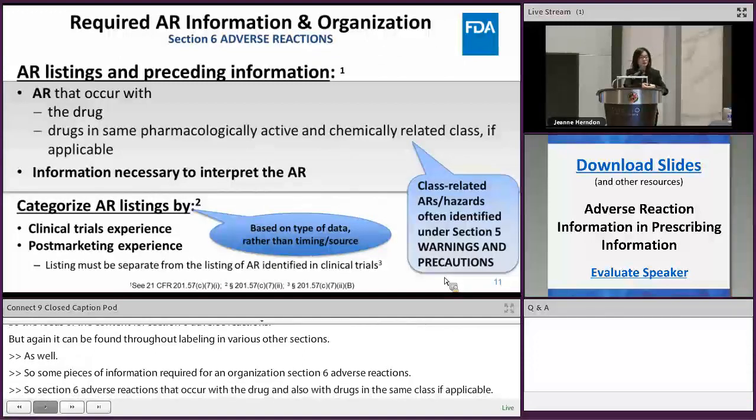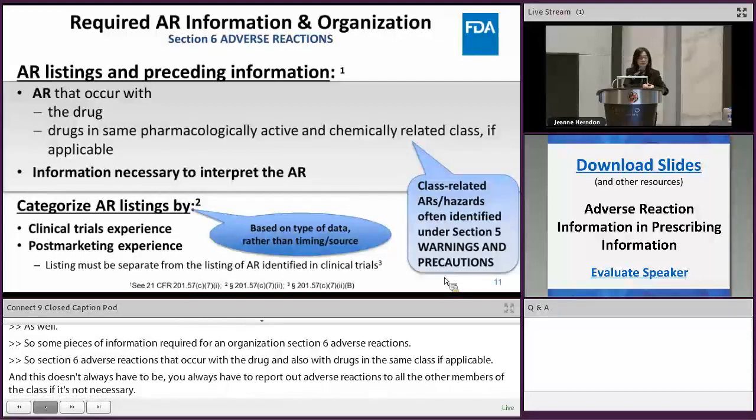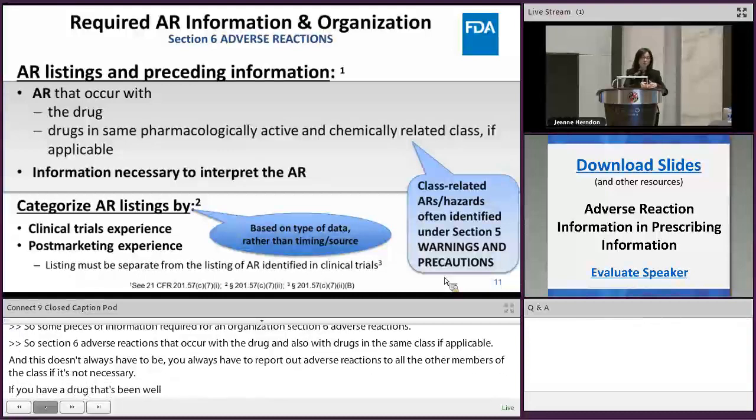If you have a drug that's been well studied and its database furnishes enough information that you find representative of what the adverse reactions would be, then you report that, and you don't need to report redundant information coming from other members of that class.